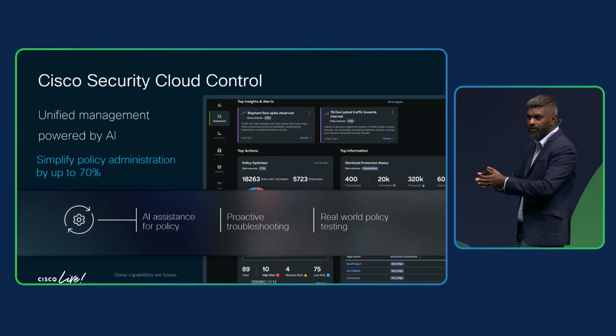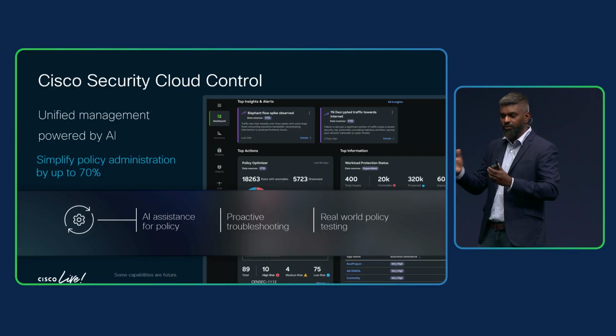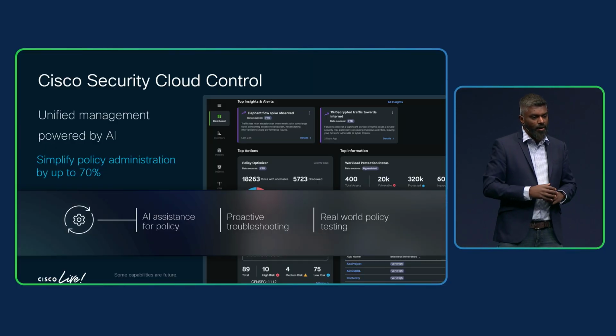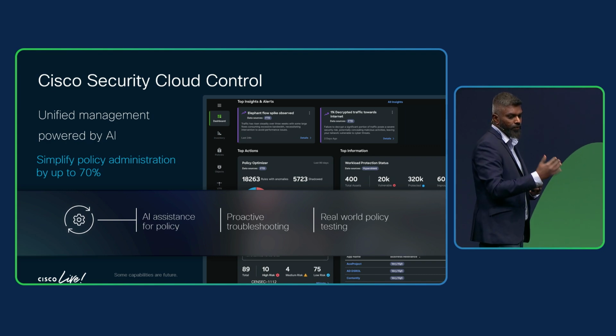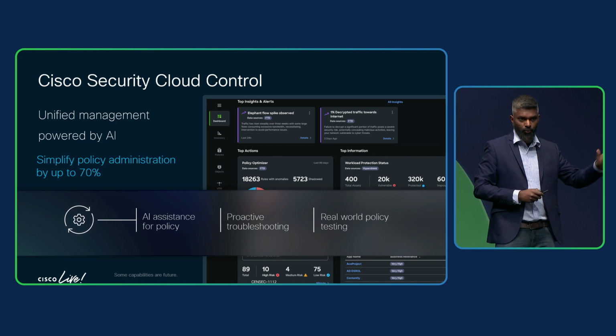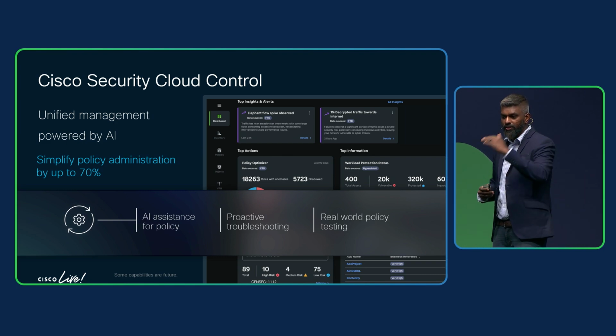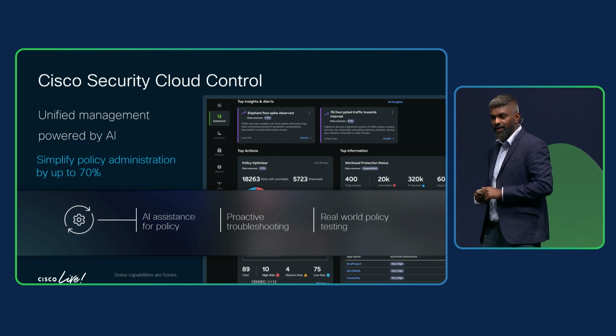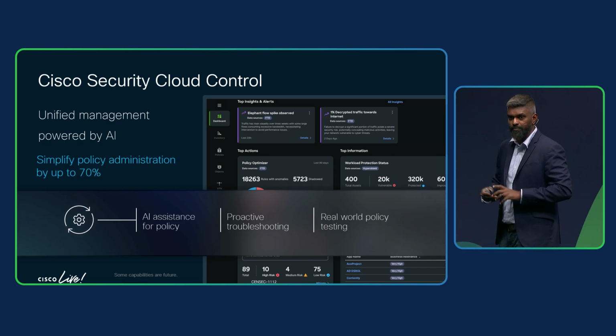Single console, single UI that can deliver all of these capabilities. So the days of going through 7 consoles, 6 consoles, whatever, to do all of these things are kind of gone. But we're further abstracting this and further unifying this policy administration for things like firewalls, secure workload, and other capabilities, and using capabilities from security cloud control to deliver this kind of unified policy at the end of the day.